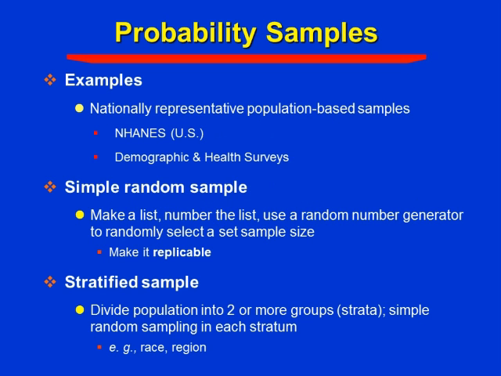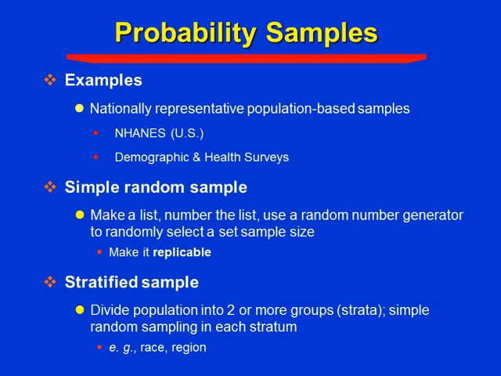So let's talk in just a little bit more detail about these two types of samples and some examples. In terms of probability samples, you all have heard quite a bit about the classic examples of probability samples or population-based estimates. These are large, nationally representative studies generally.